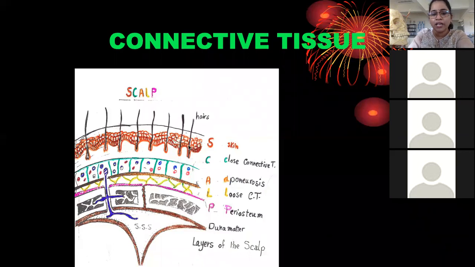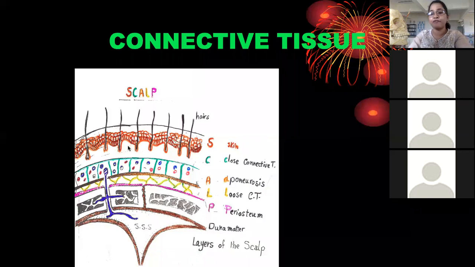Now connective tissue is very, very dense here. Remember that it's a very dense connective tissue, a very important layer. Why is it important? I'll tell you. Within this dense connective tissue, we have blood vessels. All the blood vessels of the scalp are present within this second layer.